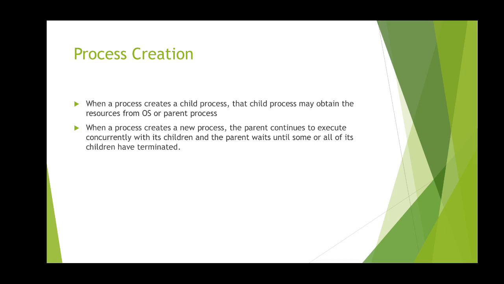So we can say that when a process creates a child process, that child may obtain resources from the operating system or the parent process. And when a process creates a new process, the parent process continues to execute concurrently with its children, and the parent process waits until some or all of its children have terminated.